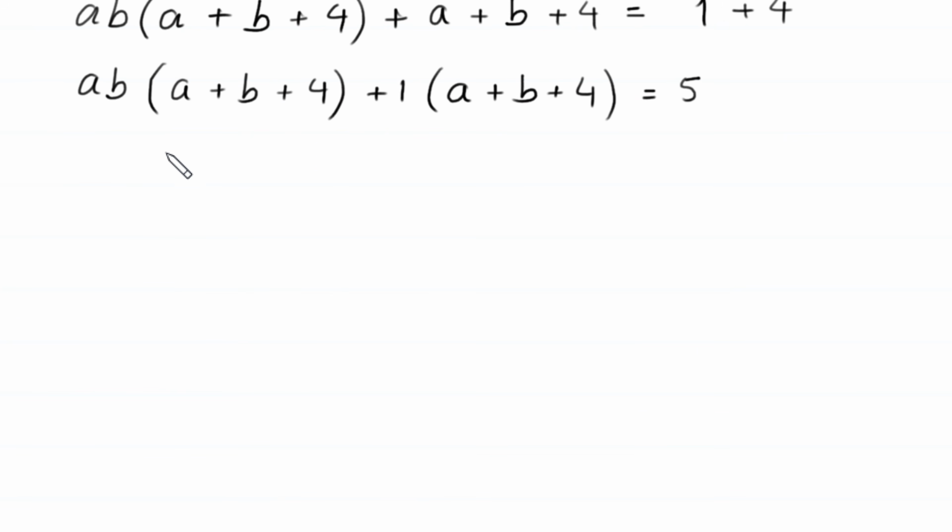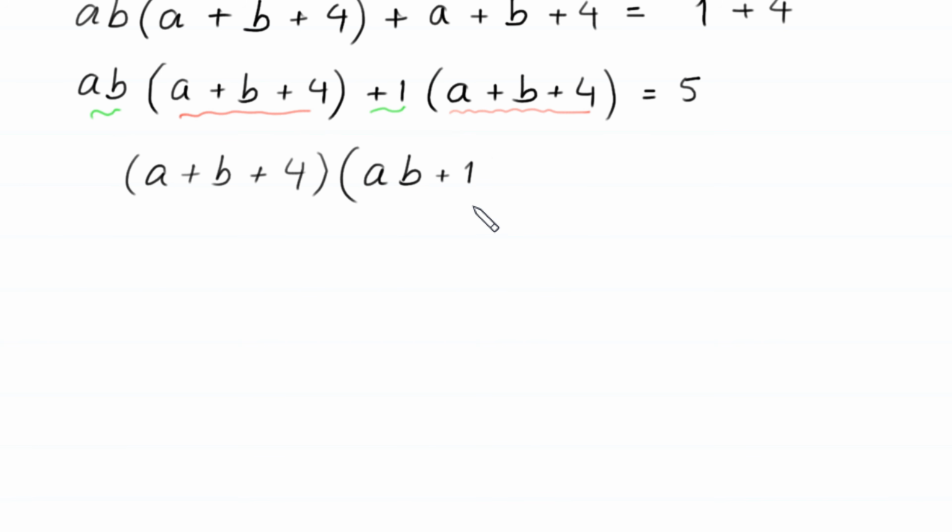Now as you can see, this expression a plus b plus 4 is common, so we factor out this a plus b plus 4, in bracket left ab plus 1, in bracket left a times b plus 1, is equal to 5.